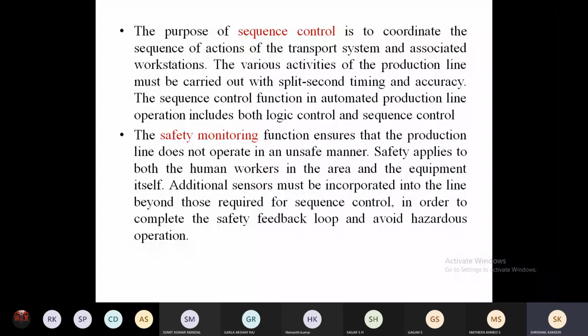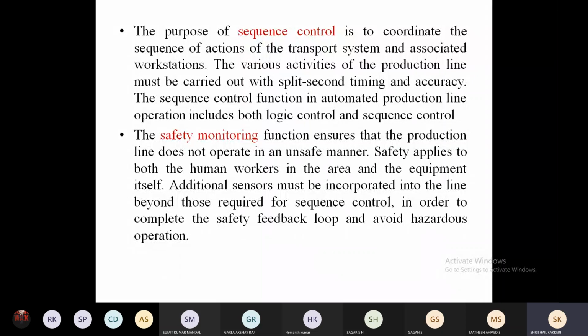Sequentially, the three welding robots perform their specific functions once the object comes to them, and this is done using sequential control systems. It includes both logical control and sequential control.